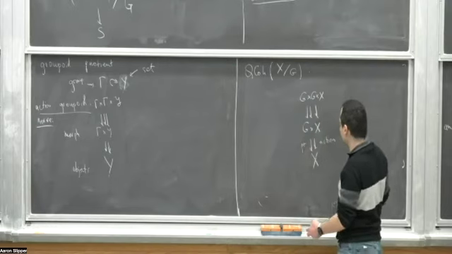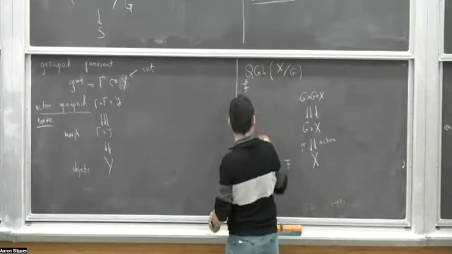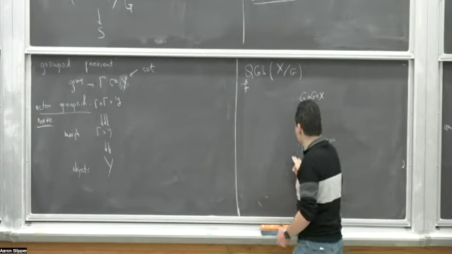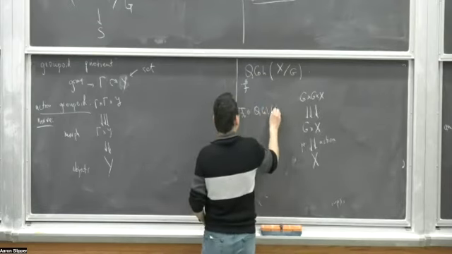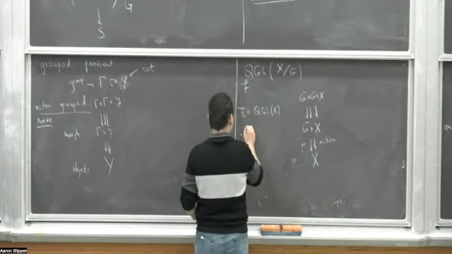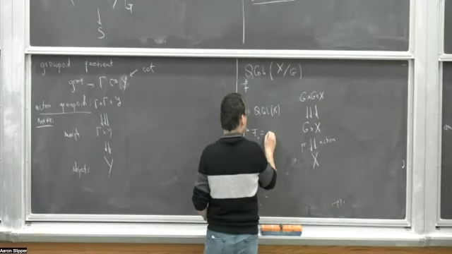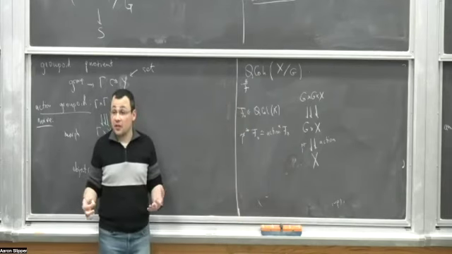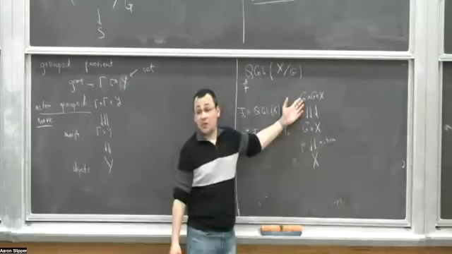So F here is the data of F0 in quasi-coherent sheaves on X. Then you're supposed to give an isomorphism between the two pullbacks. That's part of the data of being equivariant, and plus on the triple intersection, there's a cocycle condition.